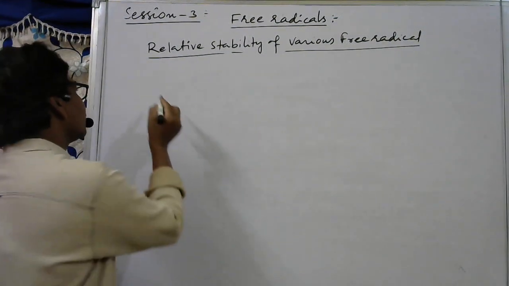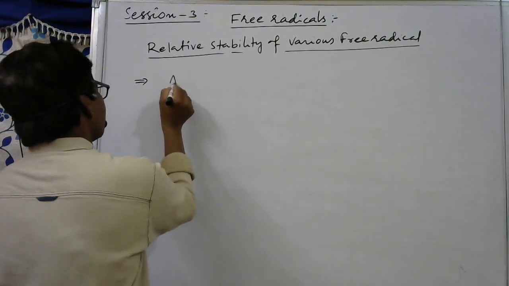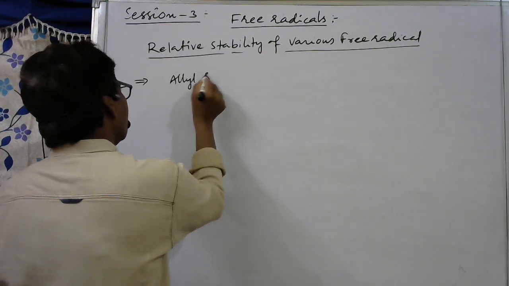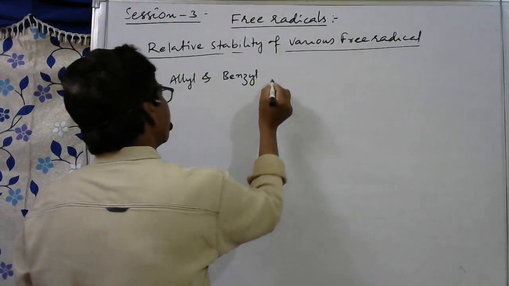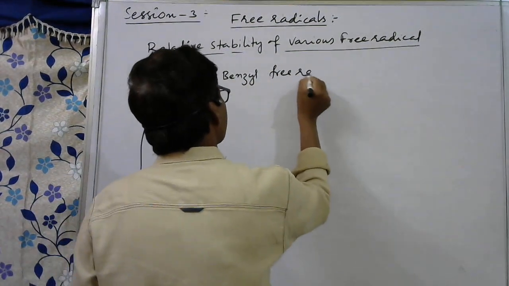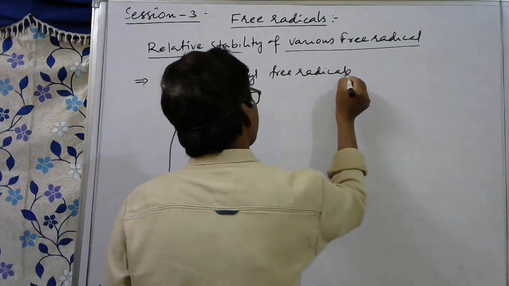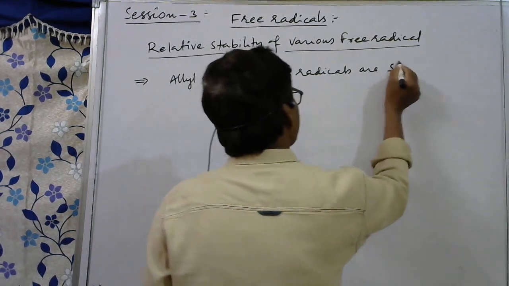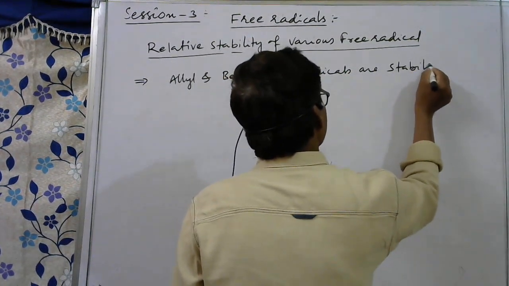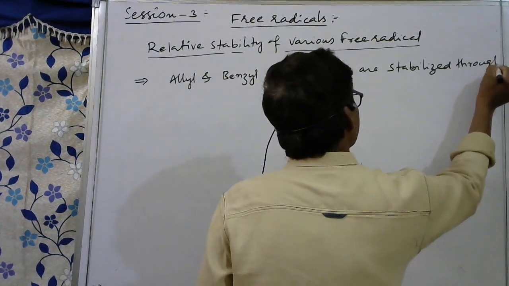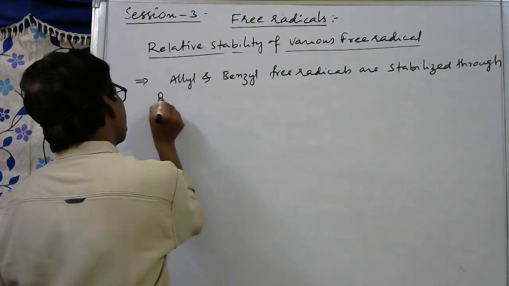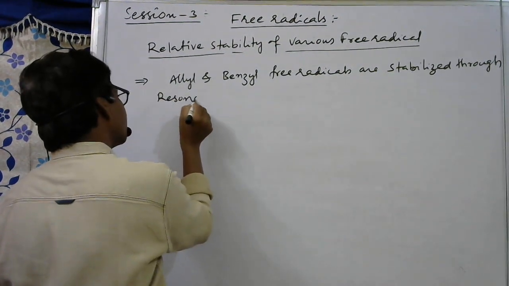See here, next one is allyl and benzyl. Allyl and benzyl free radicals are stabilized through resonance, not no bond, direct resonance.